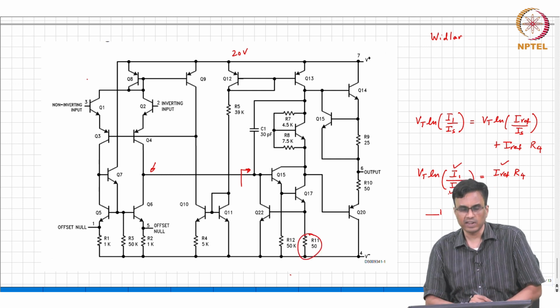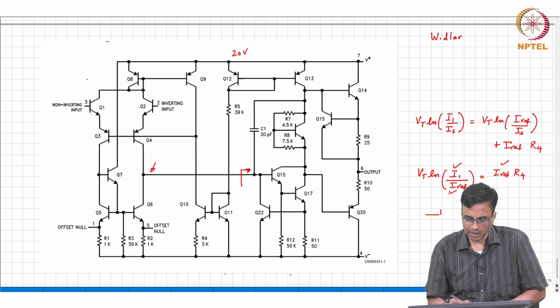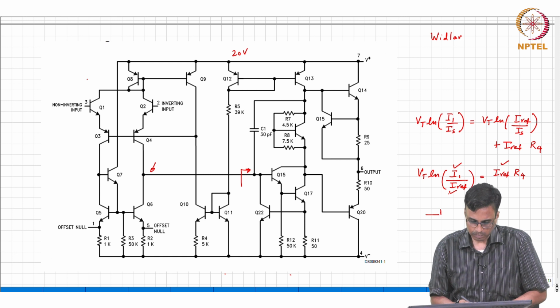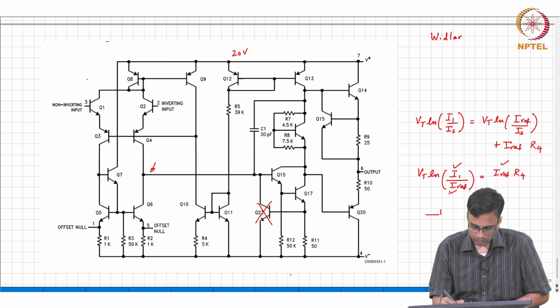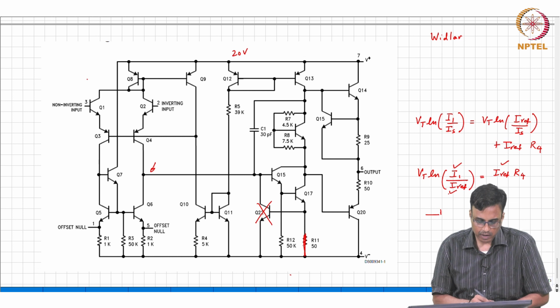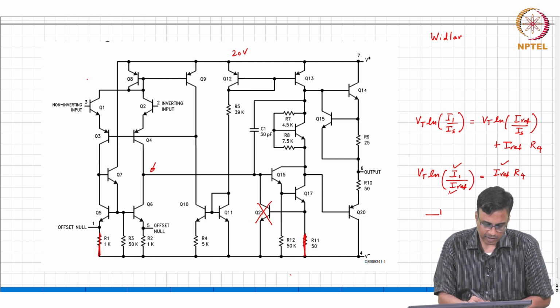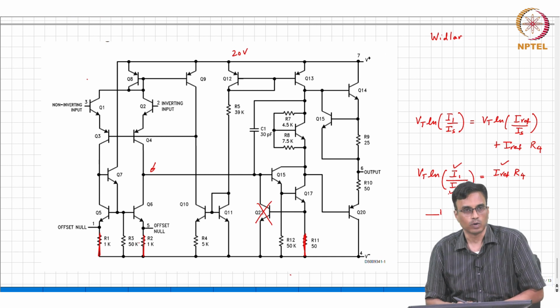This 50 ohms is actually a very small resistance. I'll tell you why R11 is there, and likewise Q22. So, for the time being ignore Q22, assume R11 is a short, and likewise let us ignore R1 and R2.